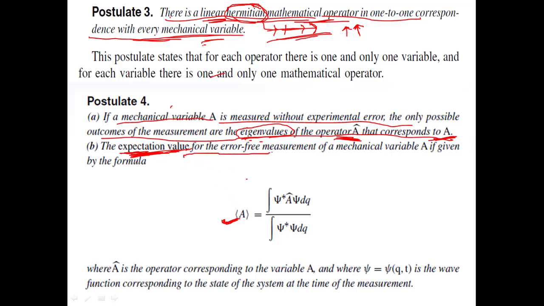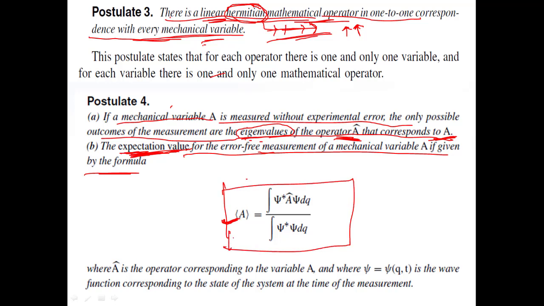The expectation value for error-free measurement of a mechanical variable A is given by this formula: the expectation value of A is equal to the integral of psi star A cap psi dq divided by the integral of psi star, the complex conjugate of psi, psi dq.